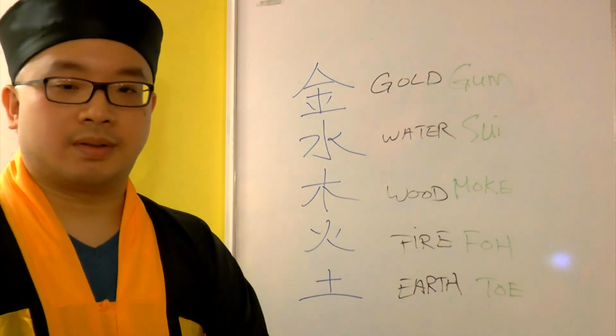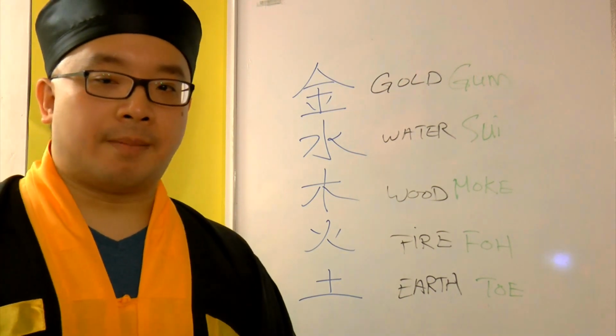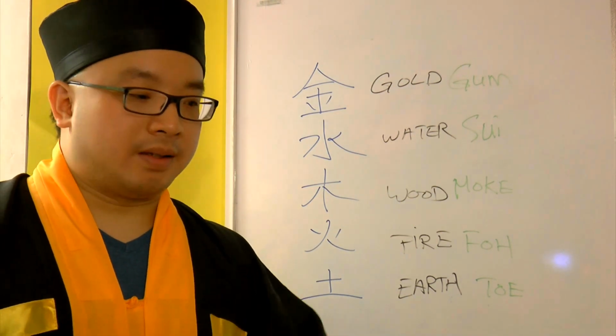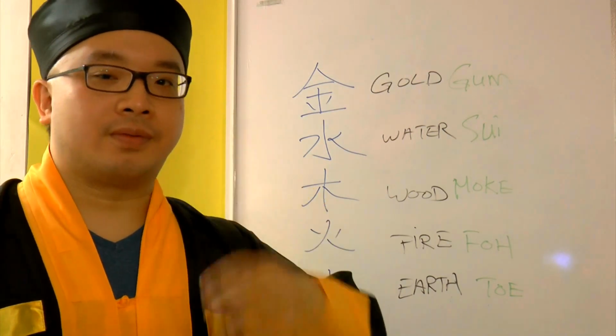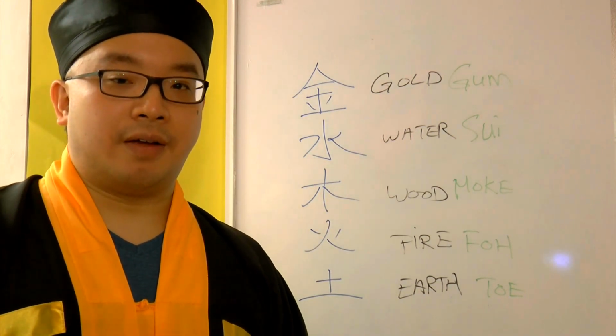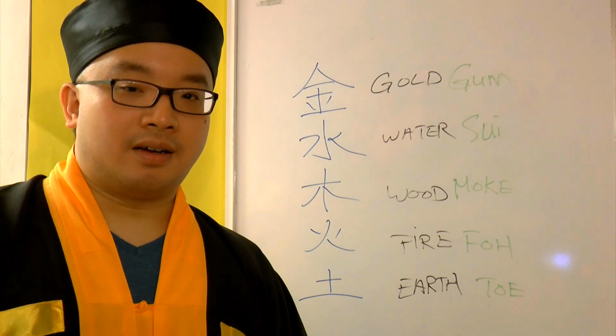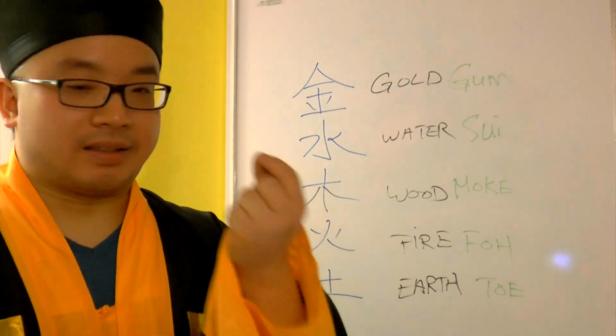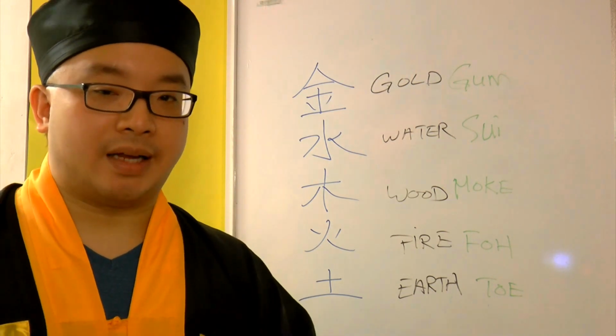Now, gold, okay, gum, gold refers to a form of the element when it's in a very essence state, like a seed from a plant.